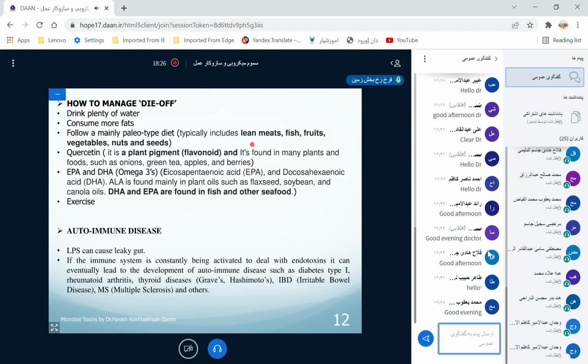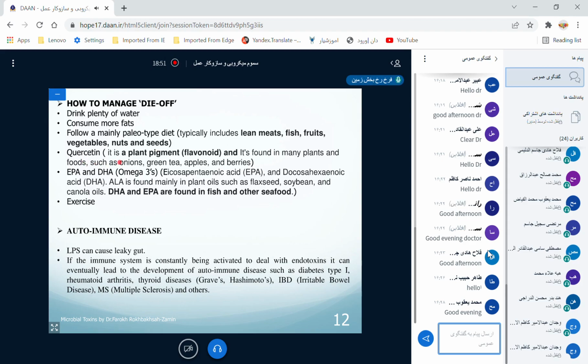It typically includes lean meats, fish, fruits, vegetables, nuts, and seeds. What are we doing? We try to minimize and neutralize the effect of LPS.